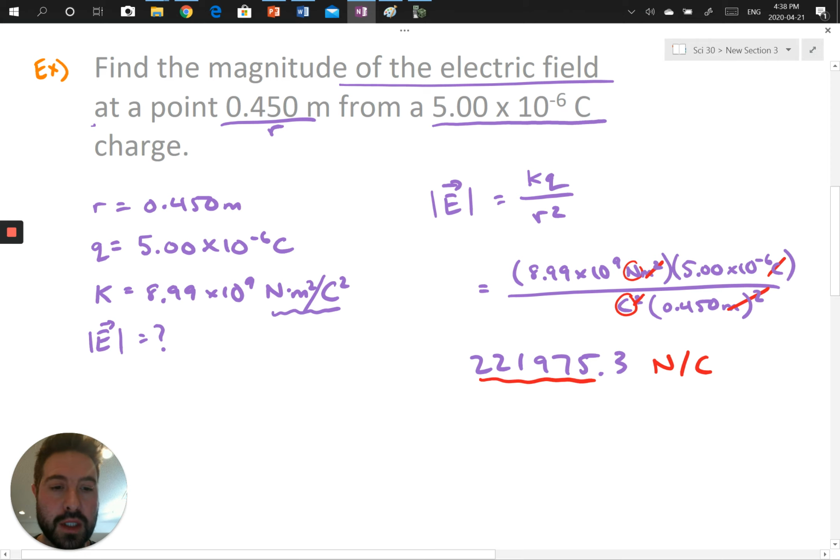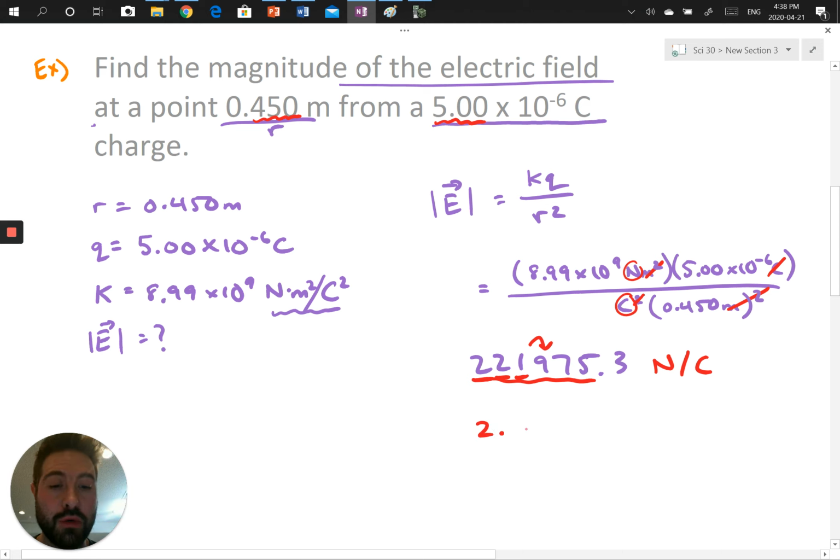And we're going to have to put this into scientific notation as well. And how many sig digs do I want here, kids? Okay, I want to have the same number of sig digs as the least precise value from the question. So I'm going to have 3 for both of these, so 3 sig digs. So I'm going to use these 3 digits, 221. I look next door, that's going to have to round up.